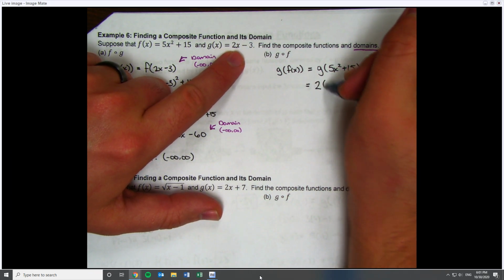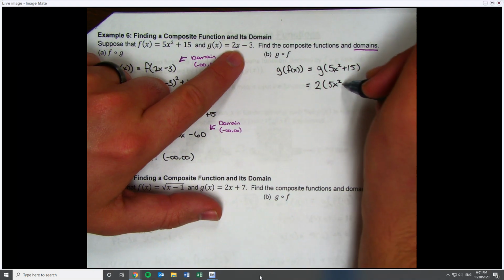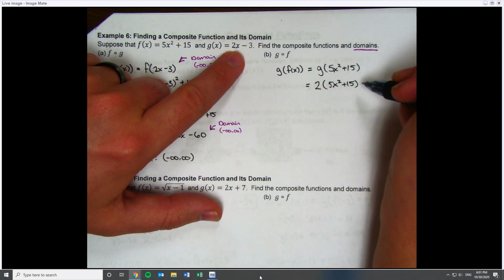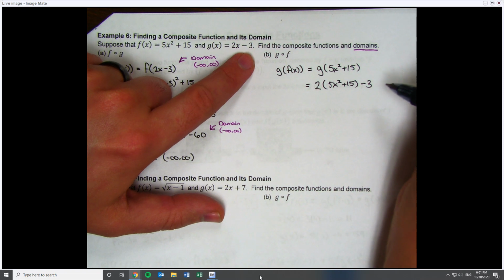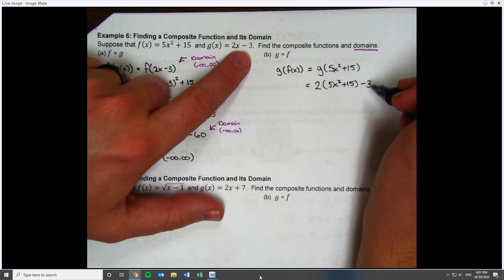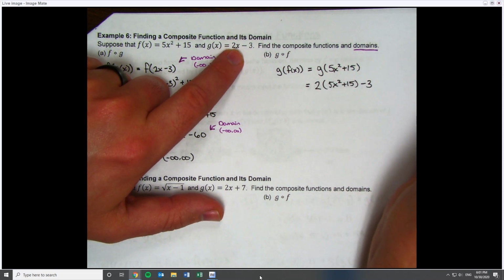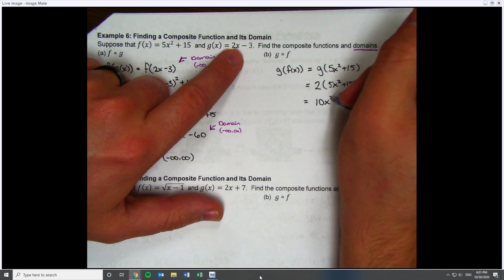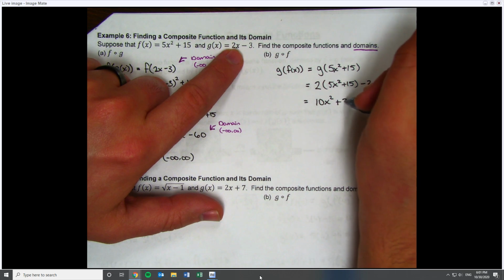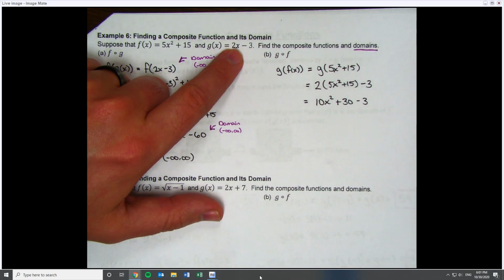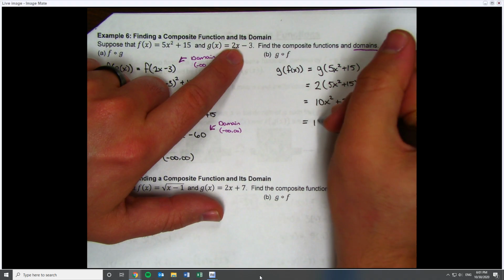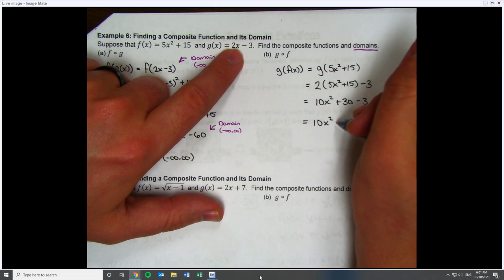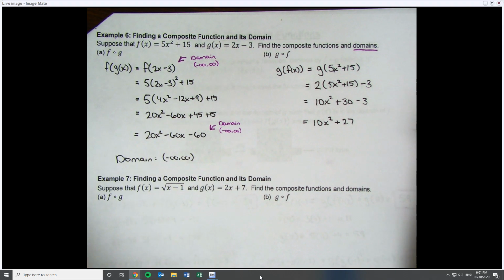So instead of x, I'll put 5x squared plus 15. And then I finish it with the minus 3. This looks the exact same as g, except the x is now f of x. Simplifying down, that's going to give me 10x squared plus 30 minus 3. Now I have 10x squared plus 27. That's my final function version.